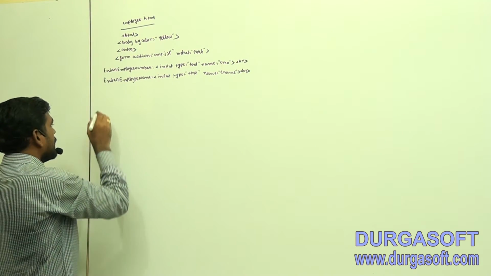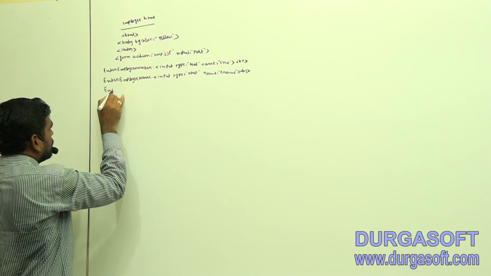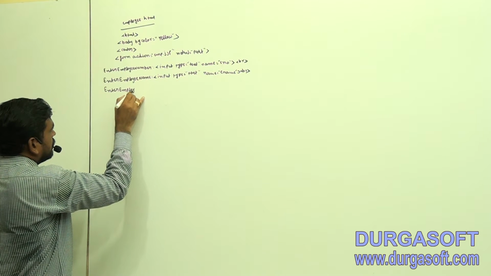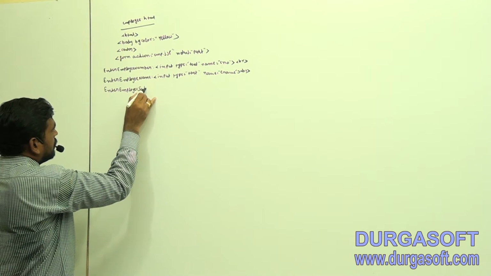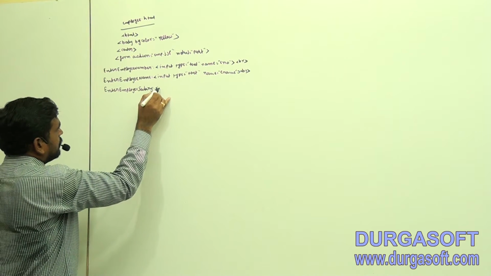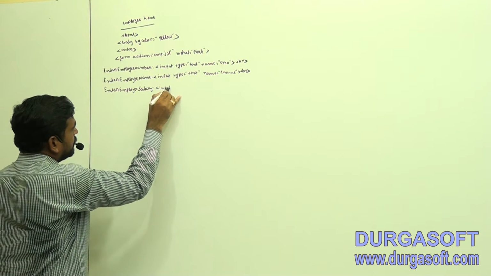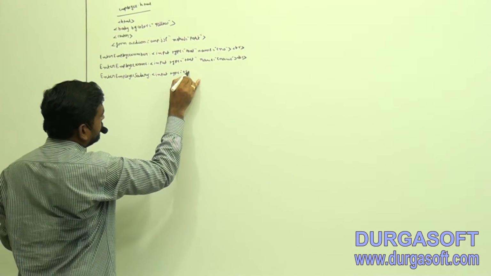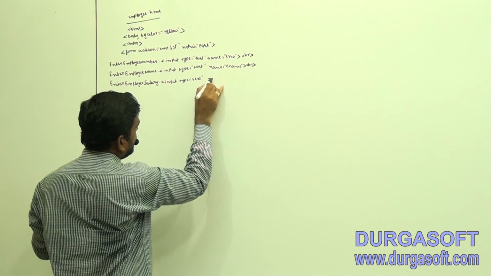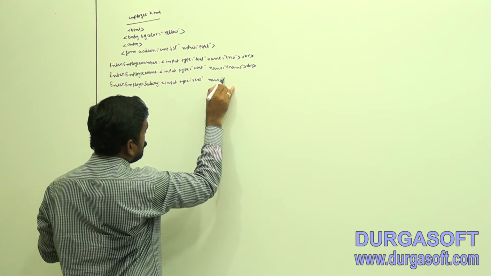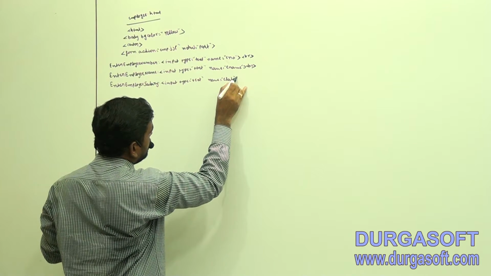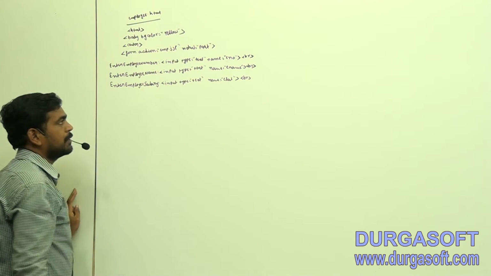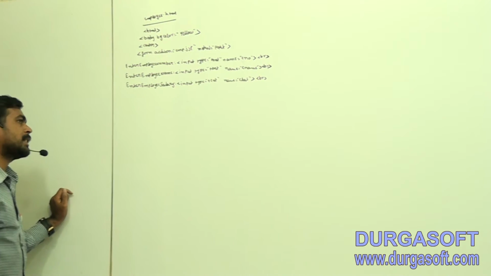The next, enter salary. Input type is equal to text, name is equal to esal. Like this, any number of fields we can take.